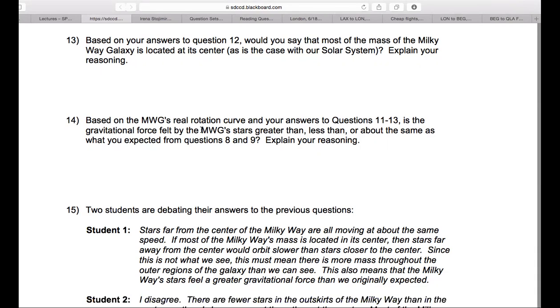Well, but the force of gravity always keeps things, let's say these stars, when you think about them, why do they go around the Milky Way galaxy? Because the force of gravity keeps them in their orbits, right, and keeps them circling around the center of the galaxy. So the force of gravity depends only on two things, right? That's what you learned in the first part of this lecture tutorial. One thing is the distance, how far these stars are from the center of the galaxy. And the second thing is how much mass is inside of the orbit of the star. So the fact that the force is not going down and that these speeds are flat, what does that tell you?